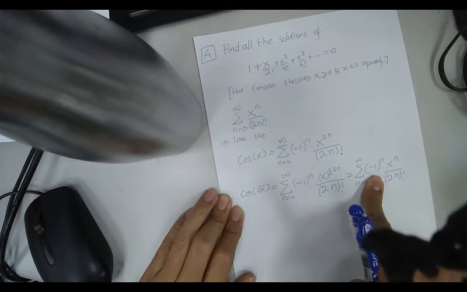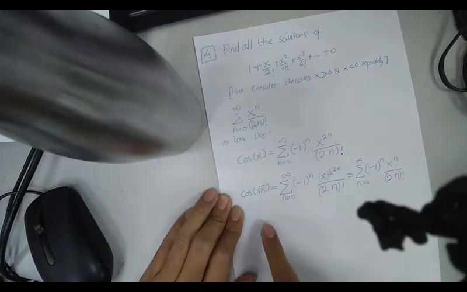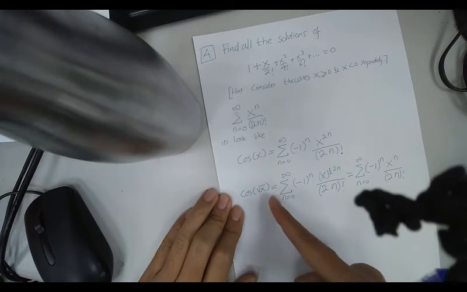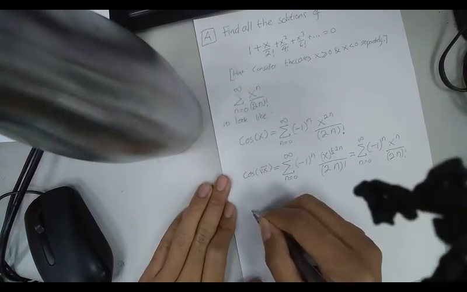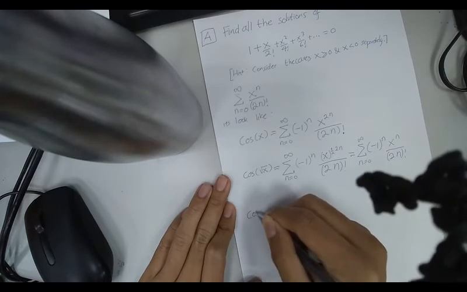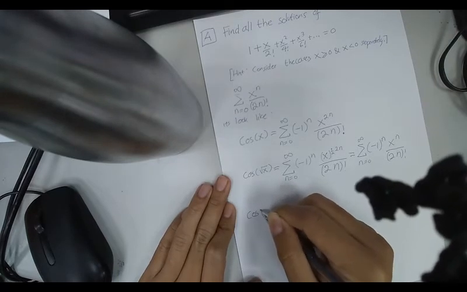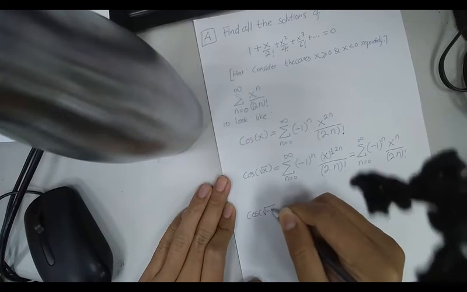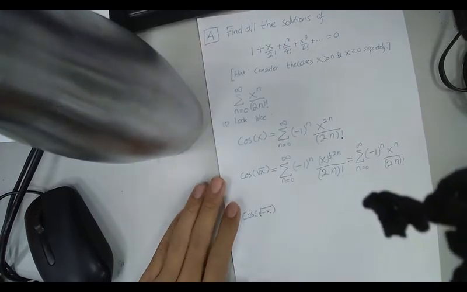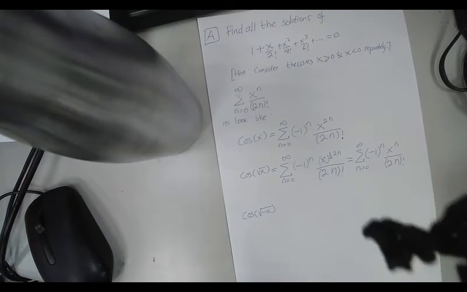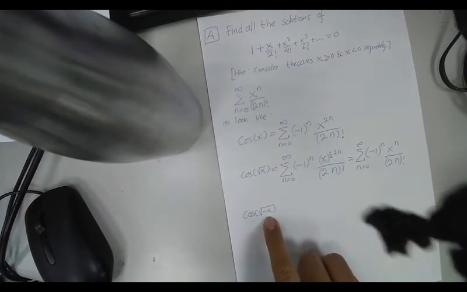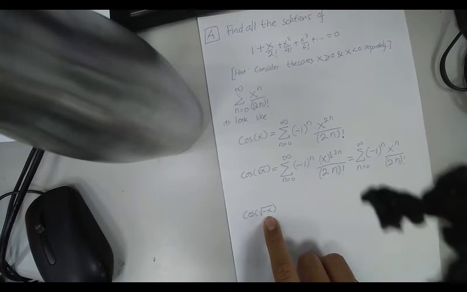So how about if we modify it a little bit, so it becomes cos of square root of minus x. Wait a minute, maybe you ask, can we do this, square root of minus x? What does it even mean?